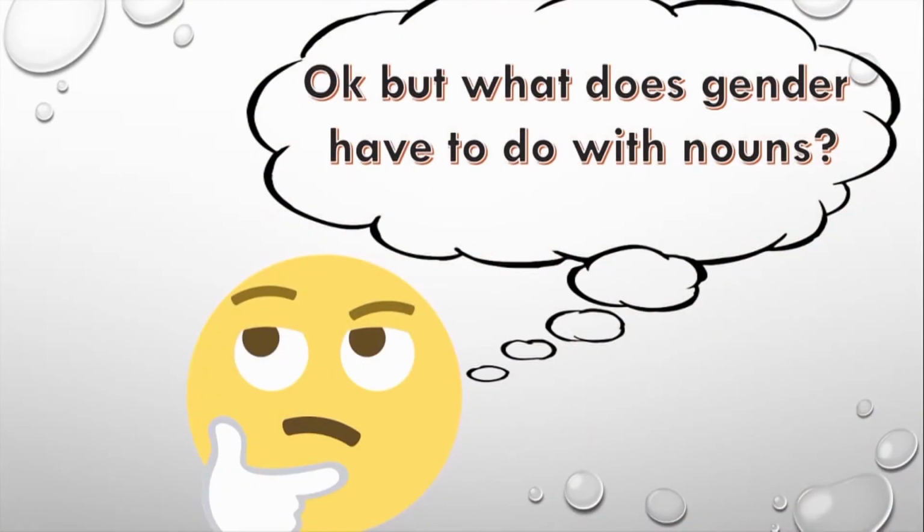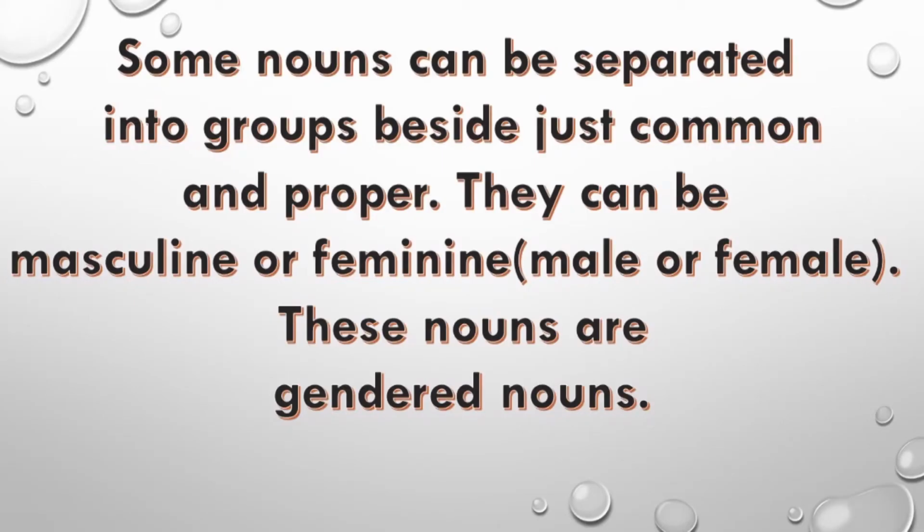Right, another good question, Smiley Man. What does gender have to do with nouns? Sorry. So, yes, there are nouns that are specific to gender. So those are what we are actually going to be focusing on, right? So some nouns can be separated into groups besides just common and proper, which we would have done last day.